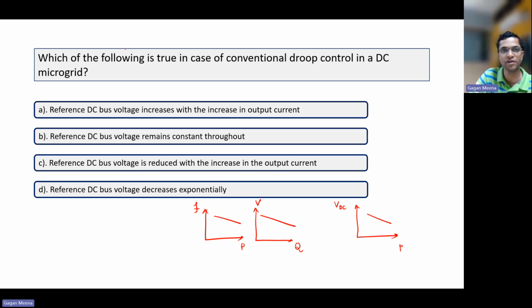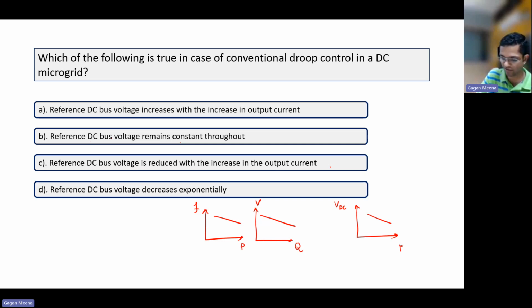So which of the following is true in case of conventional droop characteristics? The reference DC bus voltage remains constant throughout. Reference DC bus voltage increases with increase in output current. The reference DC bus voltage is reduced with increase in output current. Last, reference DC bus voltage decreases exponentially.